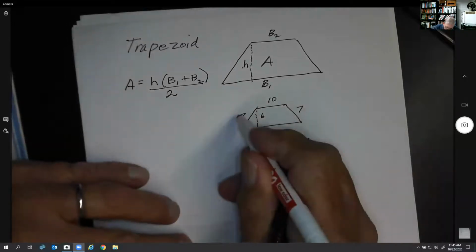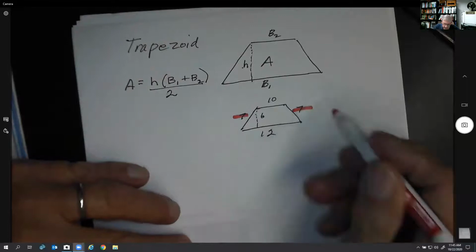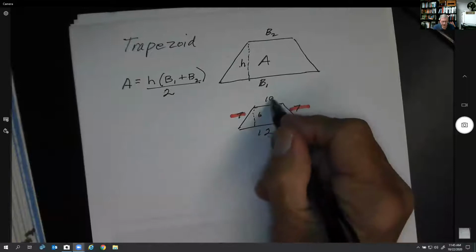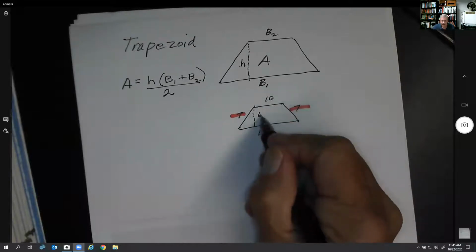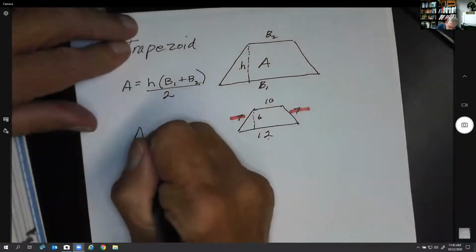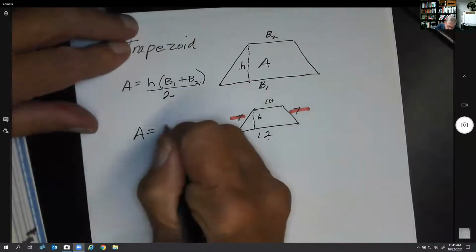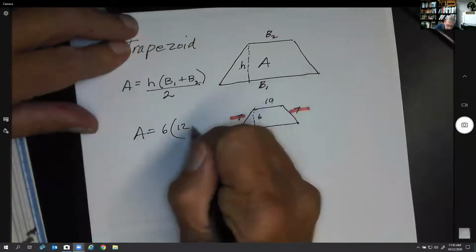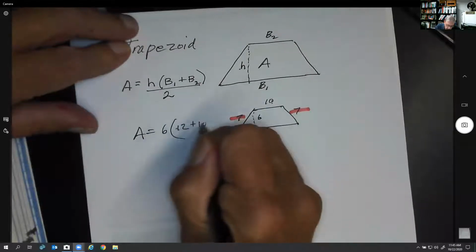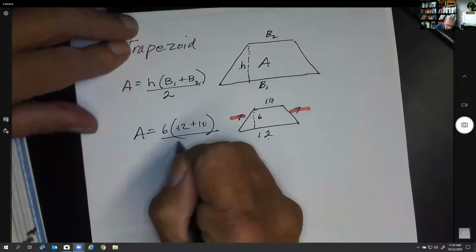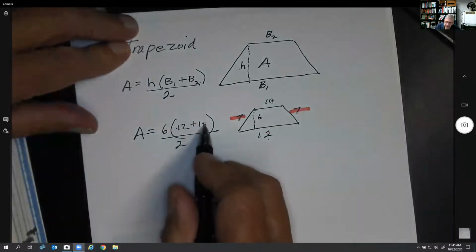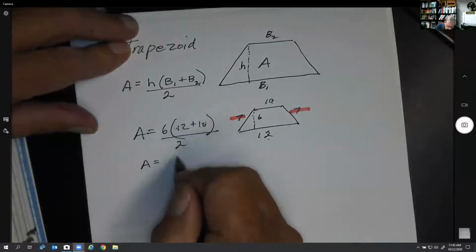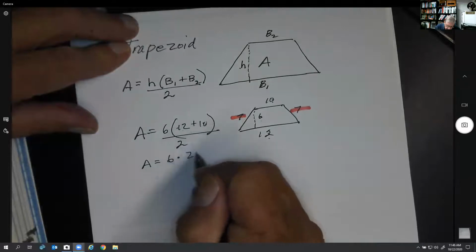To find the area, we don't need this 7 or this 7. All we need is the base, the top, and the height. So area is the height, 6, times base 1, 12, plus base 2, 10, the bottom and top. And then we're going to divide it by 2. So 12 plus 10 is 22. You could divide by the 2 right away if you wanted to, but let's just leave it like it is.